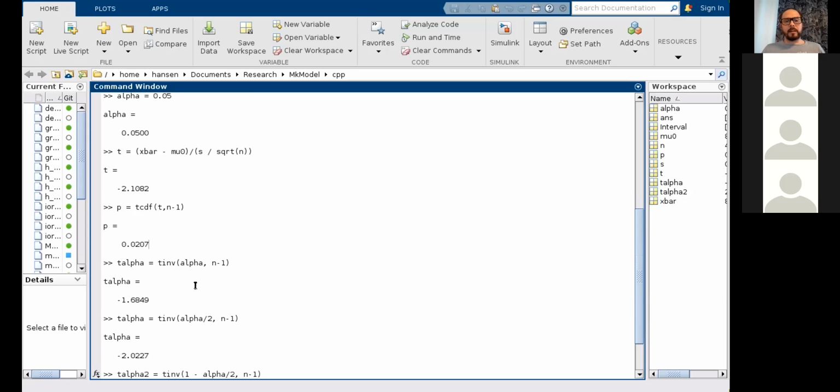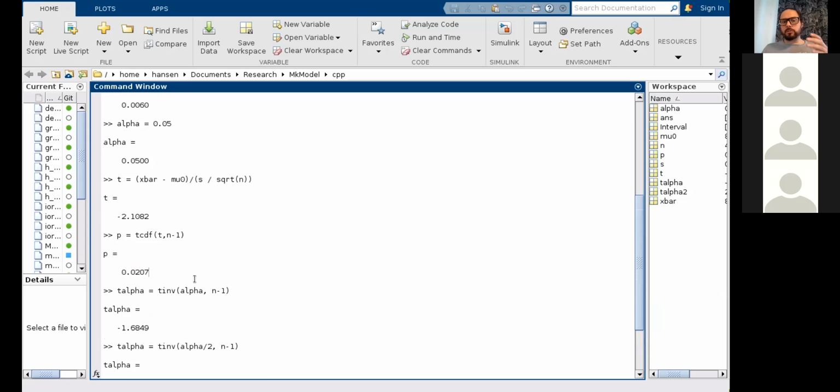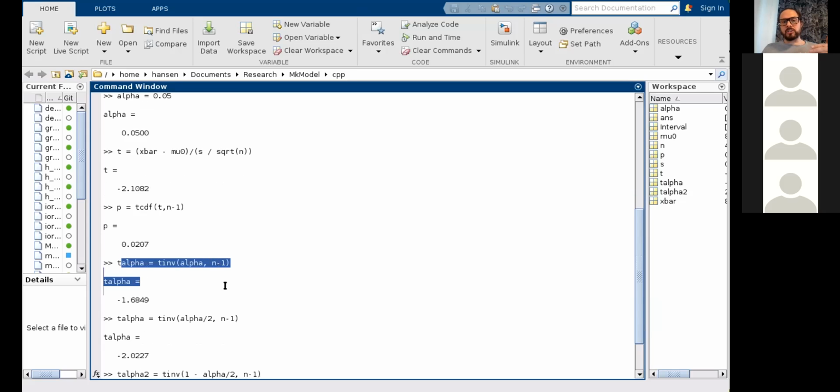So when I calculate this, there are two ways to conclude. One is this p-value, which is below that alpha, which is 0.05. Or the alternative is to calculate the threshold value for that t, which would be minus 1.6849. We conclude that this t-value is below that threshold value, so we are rejecting the null hypothesis.